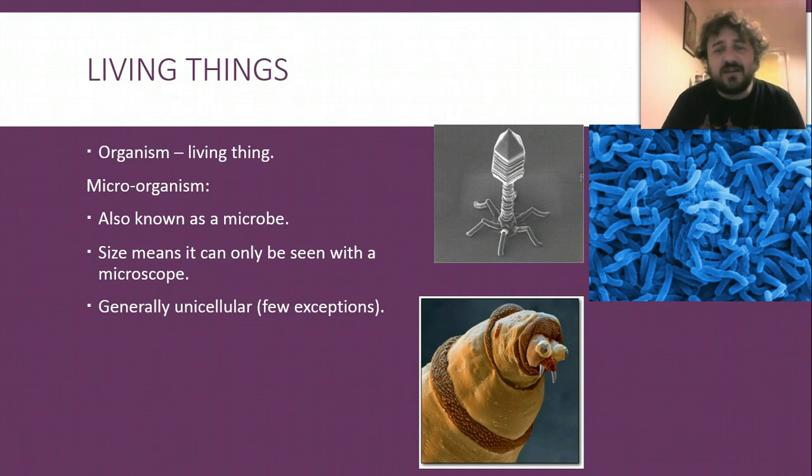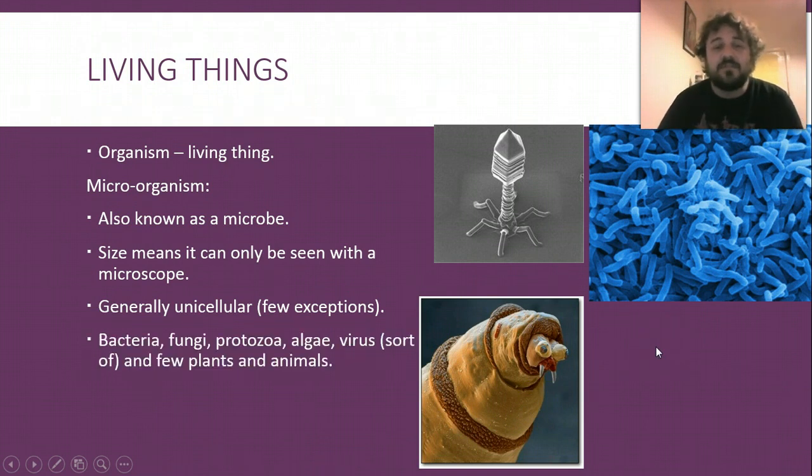Generally unicellular, few exceptions, and those exceptions are often animals. Like this here is a microscopic animal, and it has multiple cells. Bacteria, fungi, protozoa, algae, viruses, sort of, and few plants and animals. The reason we say sort of for viruses is they're not alive.